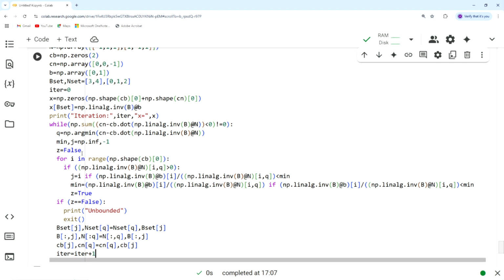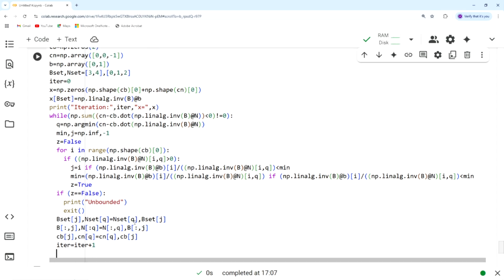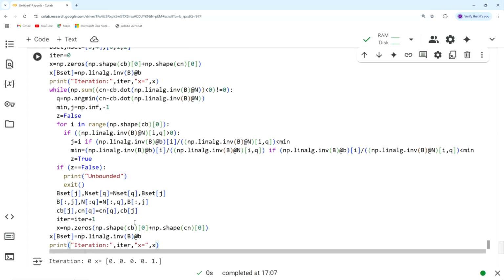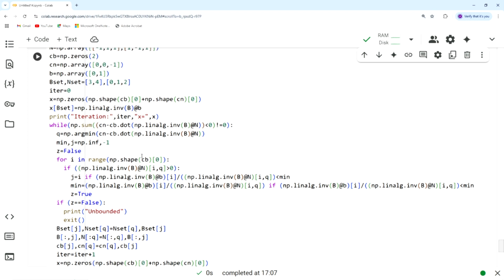Since we have done all of this, we have to do this again, x will have all zeros, right. The b set will be capital B inverse b, and so for each iteration we are printing x. Okay. So, let us check if this works.